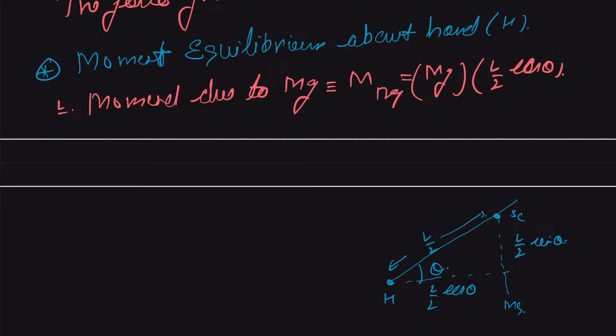And next we are going to find out the moment of the corner reaction about the hand. Okay. So for the corner reaction, this is our point S, and this point S is somewhere here. So this is our R, with two components, R of X as well as R of Y, and this distance is given to us as L by 4.